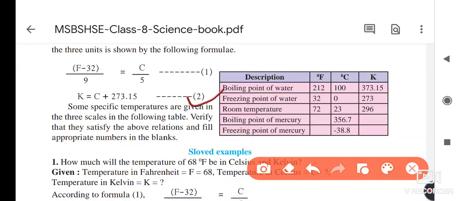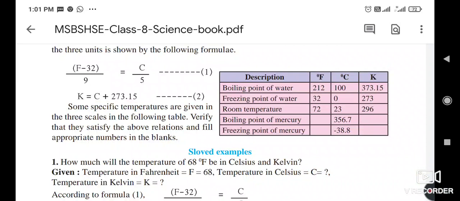Formula 1 gives the result in Fahrenheit and formula 2 gives the temperature in Kelvin.